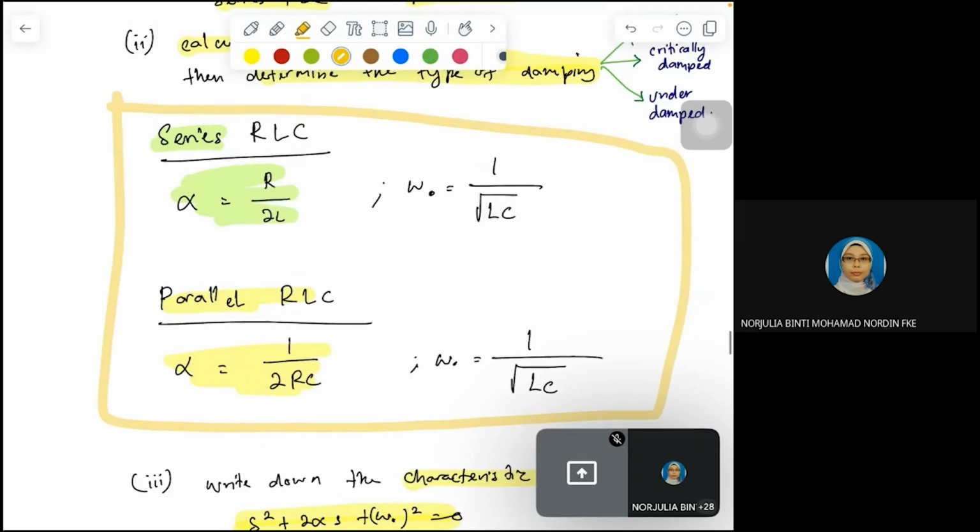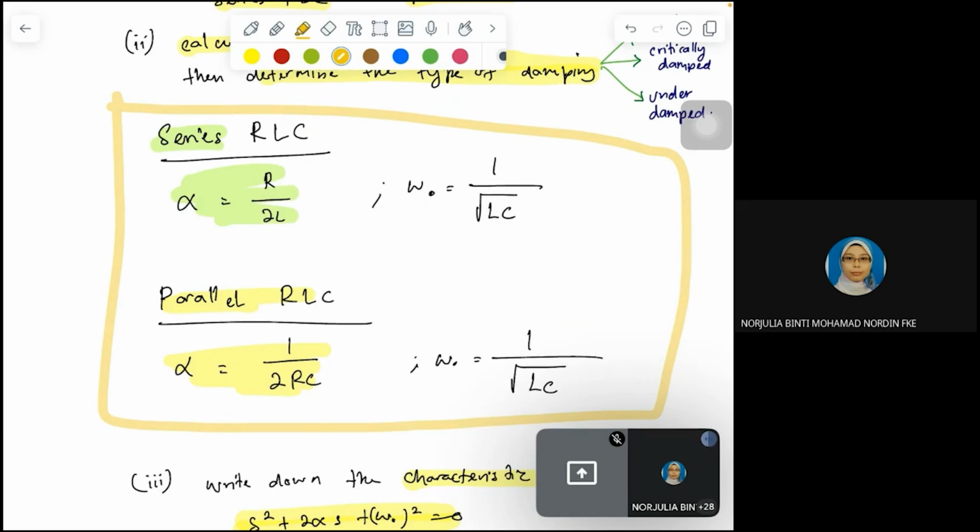This is the equation of alpha and omega naught, depending on the type of your circuit, whether it's series RLC or parallel RLC. And this particular formula will not be given during the exam. You need to memorize it.